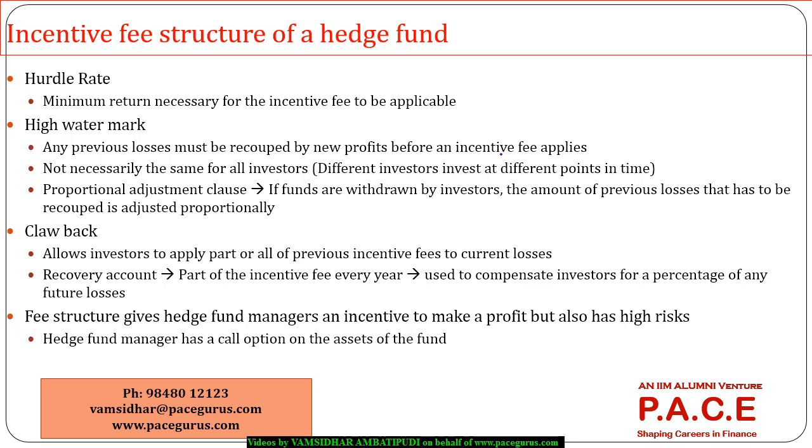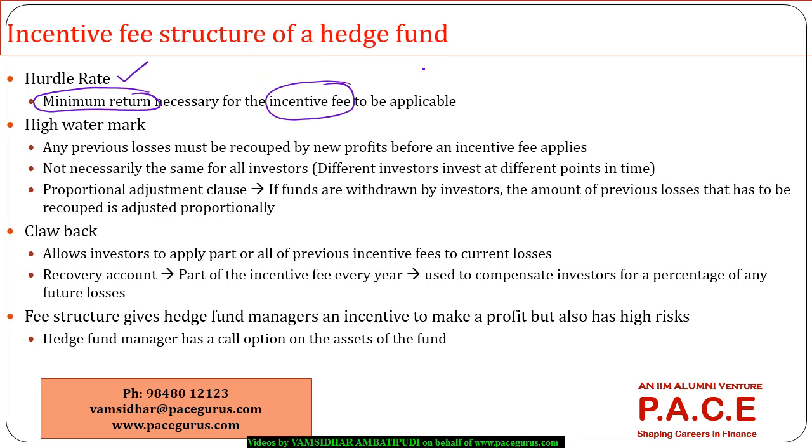Now this is where the incentive fee structure of a hedge fund really plays a role. As a part of that fee structure, generally a hurdle rate is set, which talks about the minimum return that the hedge fund needs to generate in that particular year so that the incentive will be applied.